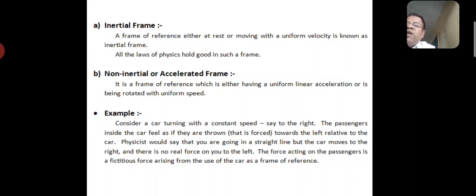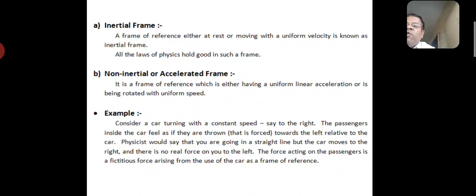Observe here carefully. A frame of reference either at rest or moving with uniform velocity is known as an inertial frame. All the laws of physics hold good in such a frame. A non-inertial frame is a frame of reference which either has uniform linear acceleration or is being rotated with uniform speed.